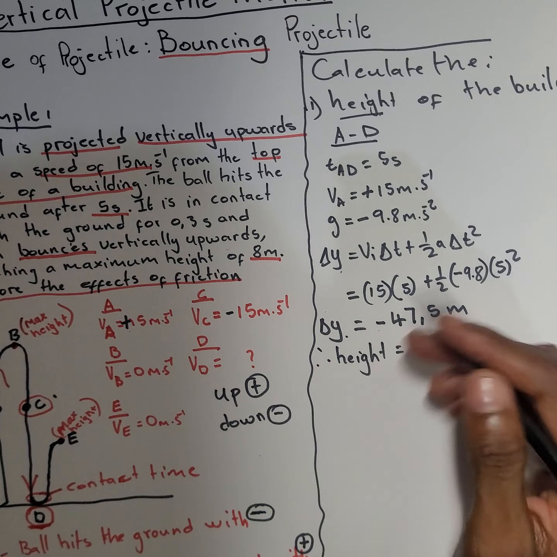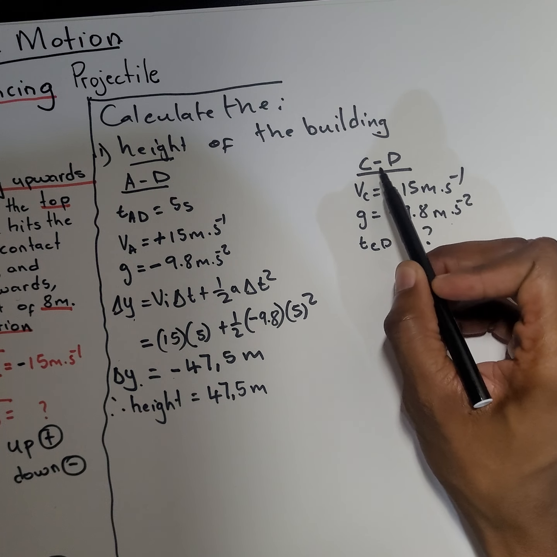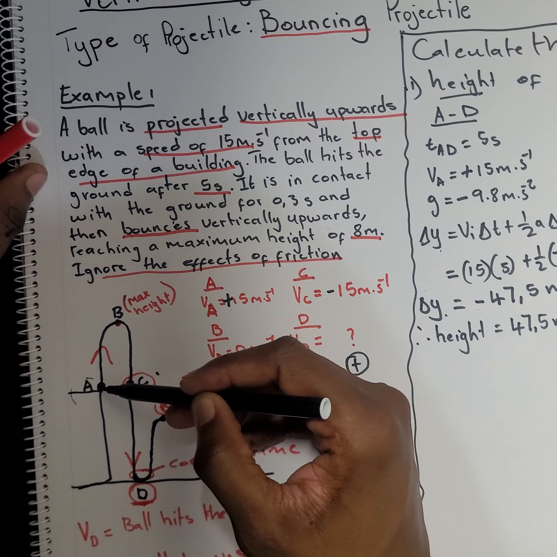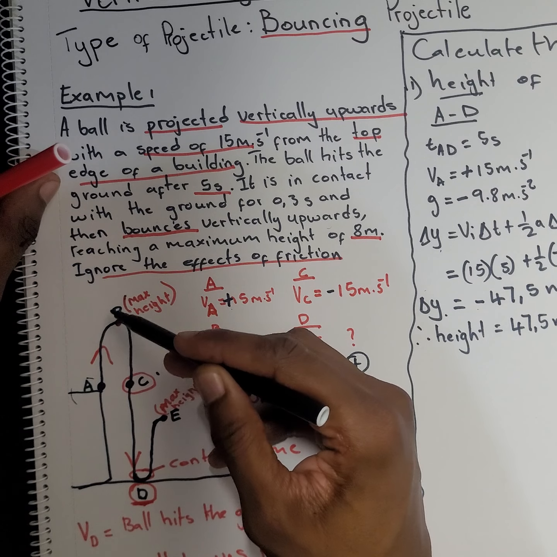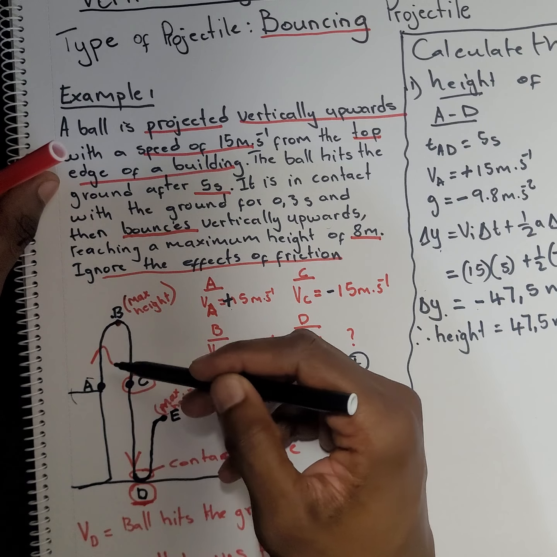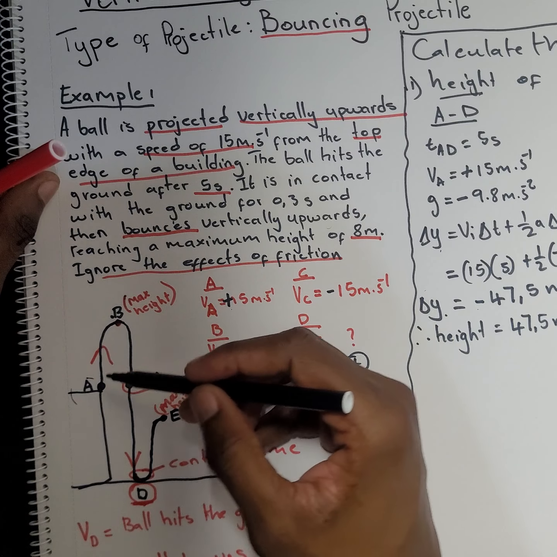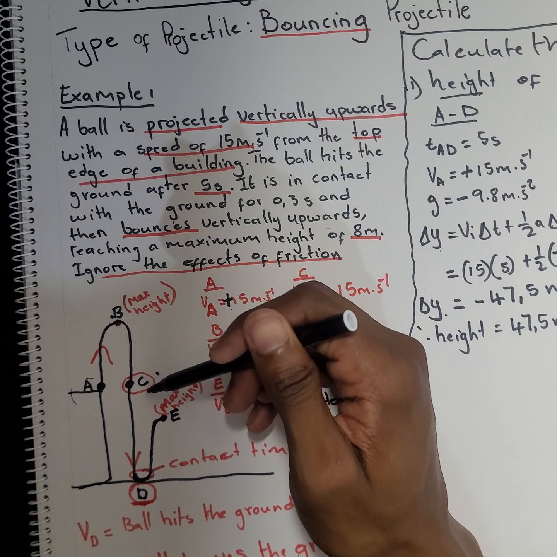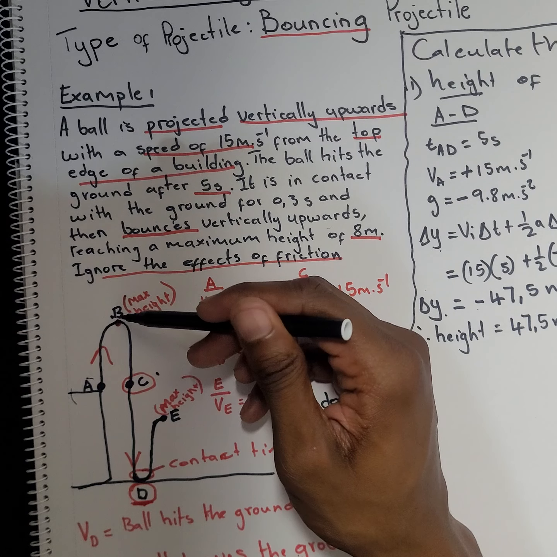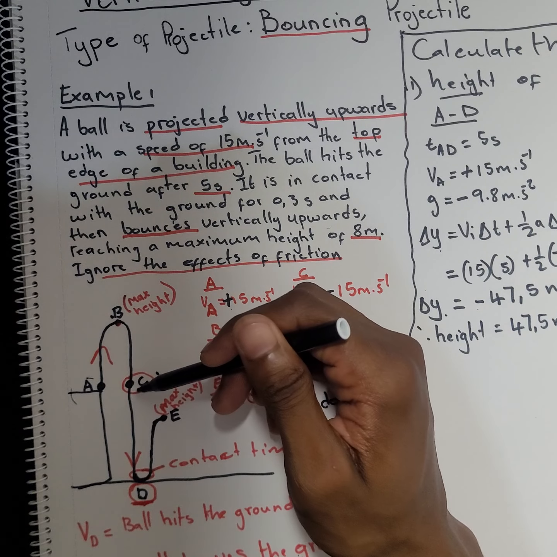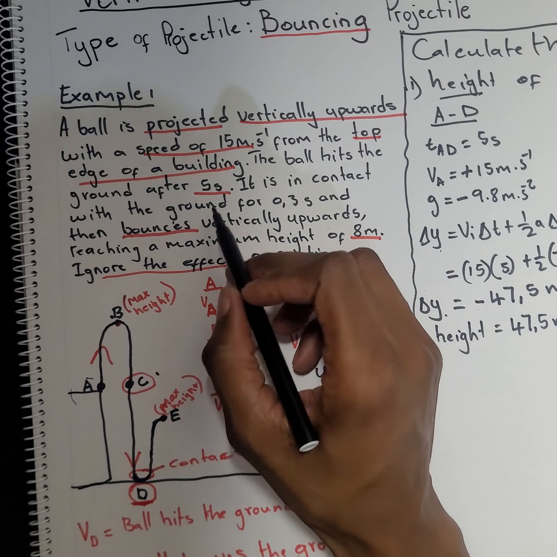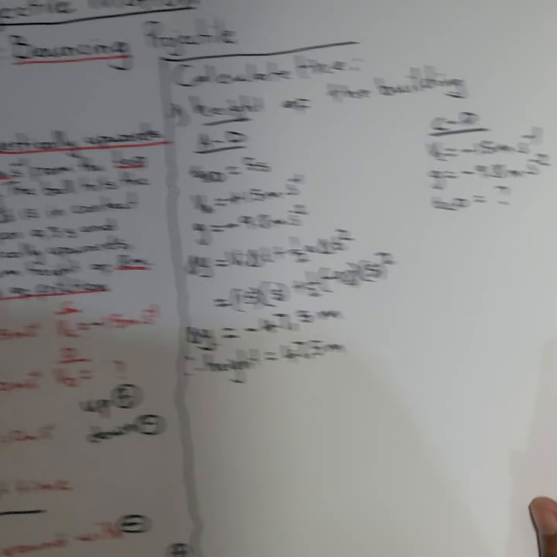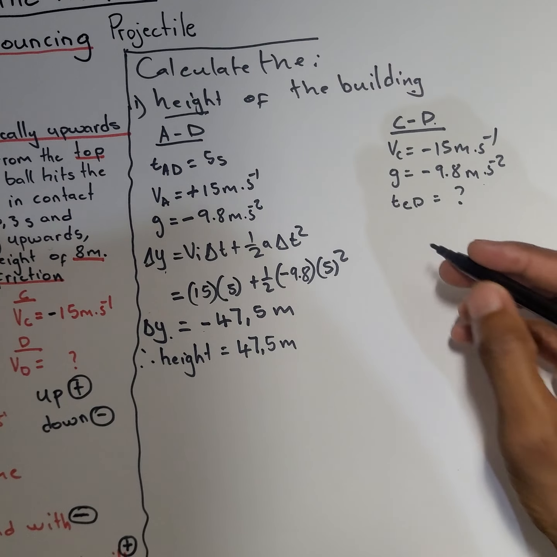So now, working with the motion from C to D, it requires me to find the time from A to B. And then after finding that time, I know that time will be equal to the time from B to C. And if I have the time from A to C, I can then subtract it from the total time, which is 5. It's a bit of work, ladies and gentlemen, but it's not a problem.